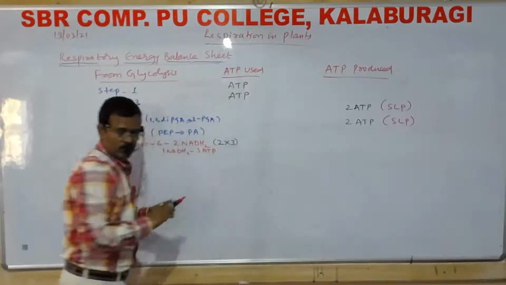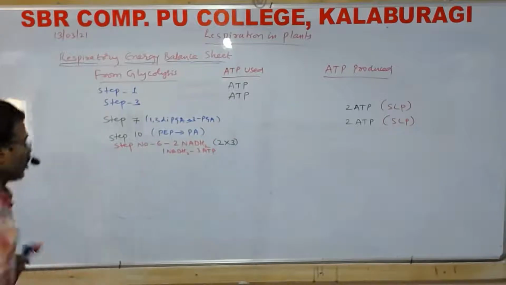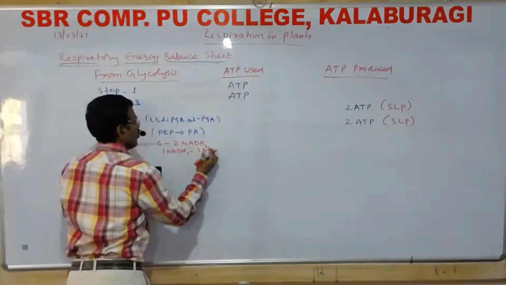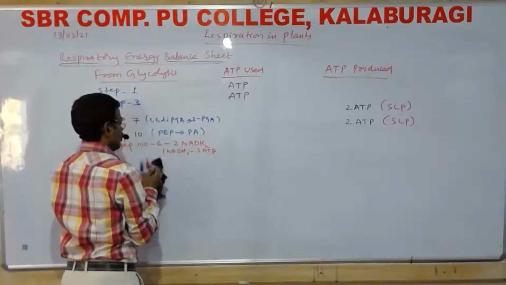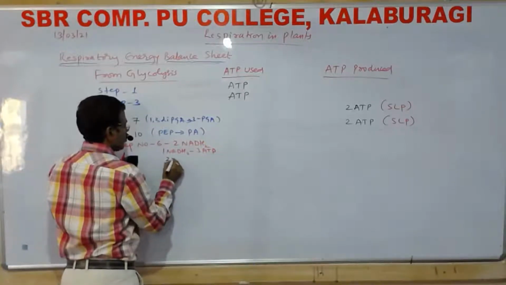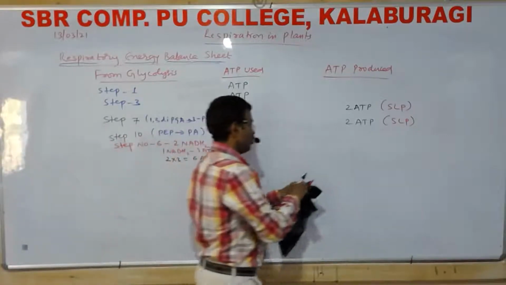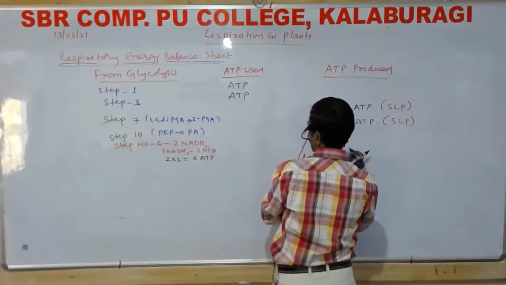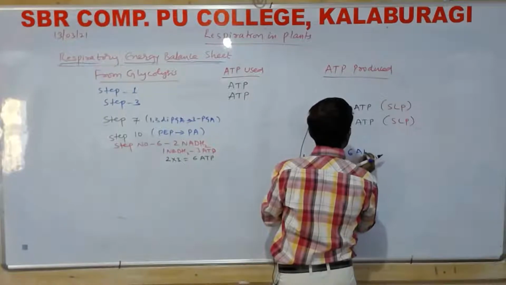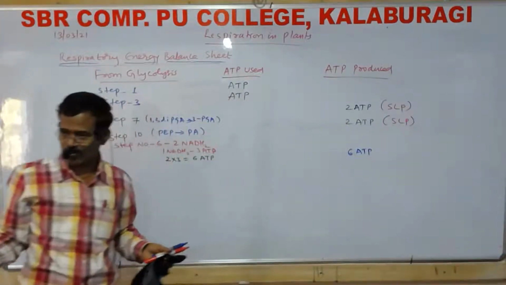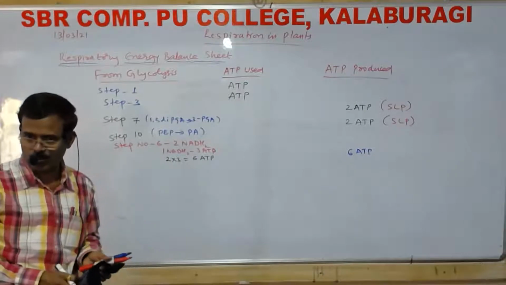Is it or not? I will write it here. So 2 NADH2 into 3 means 6 ATP. These 6 ATP are produced after ETS, after the electron transport system.